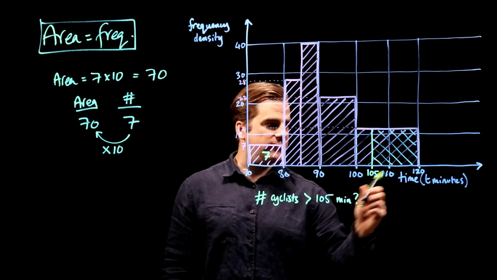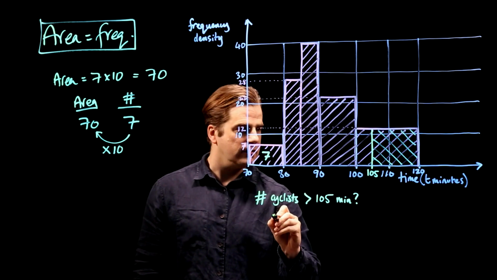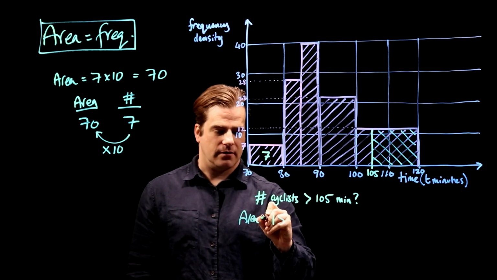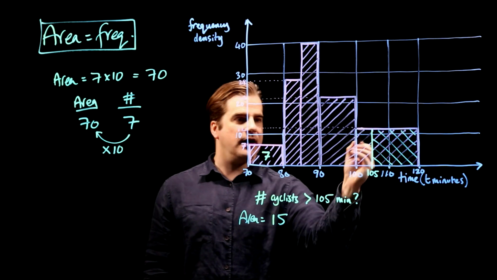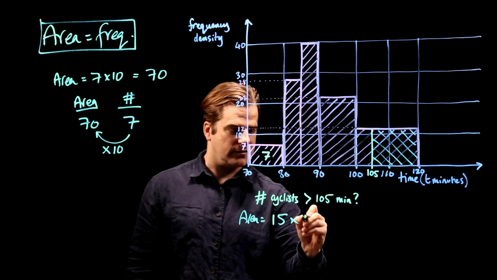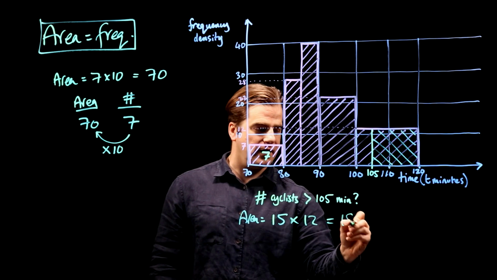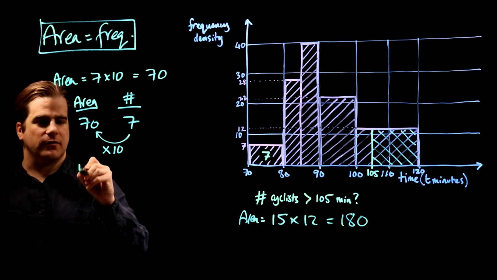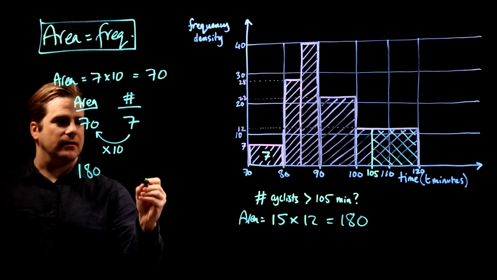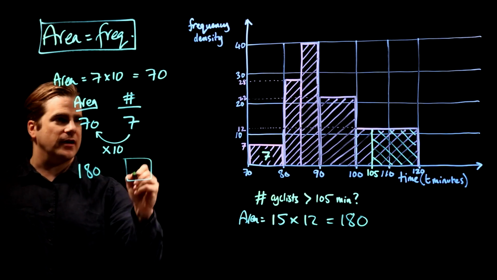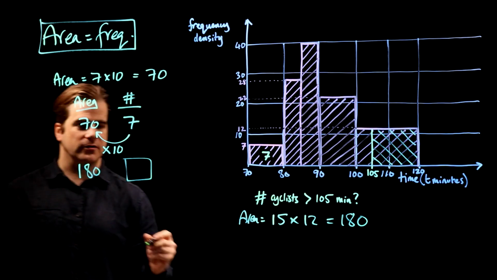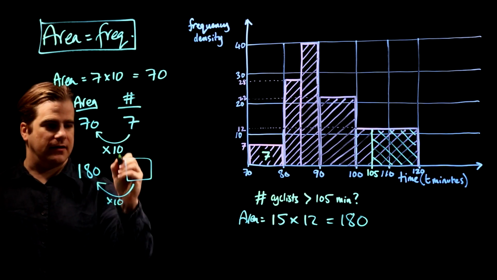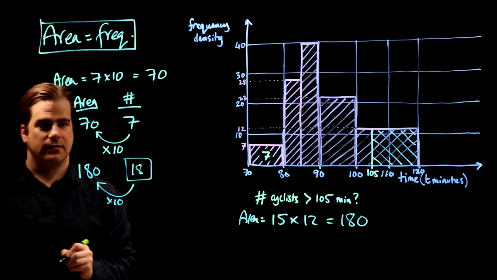So 105 to 120 is 15, okay? 15 times the height, which is 12. 15 times 12 is 180. Units don't matter. So we've got an area of 180, and we want to know what number that corresponds to. Well, we know we multiply by 10, so that must be 18.